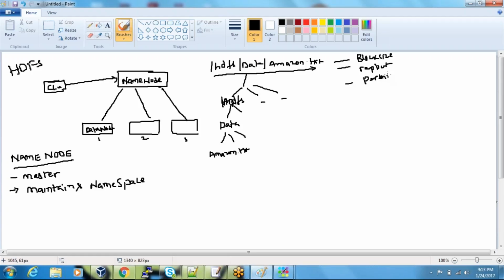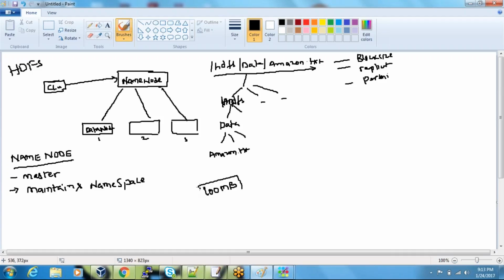All this information will be maintained by your name node. When it was created and when it was modified, all this information is maintained. Also where all the data is loaded is called file to block mapping. Yesterday we discussed something called file to block mapping. File to block mapping means the Amazon file, let's assume that my file is 100 MB.